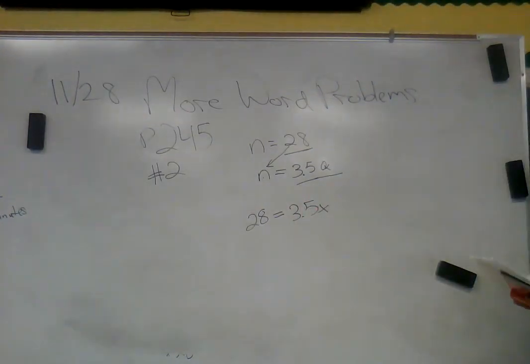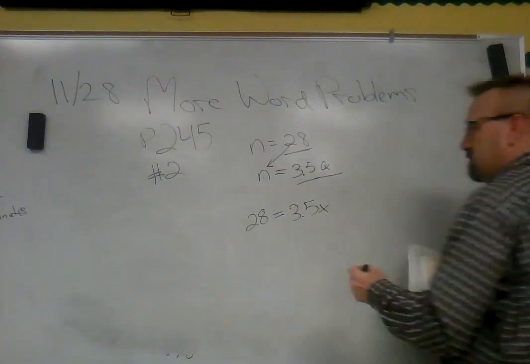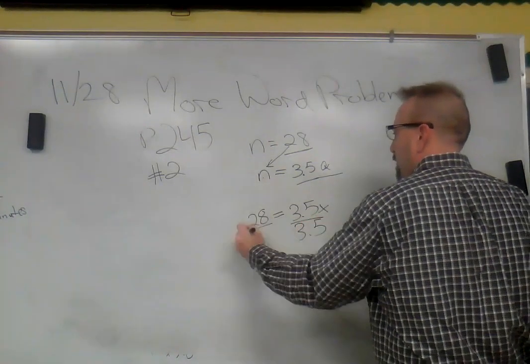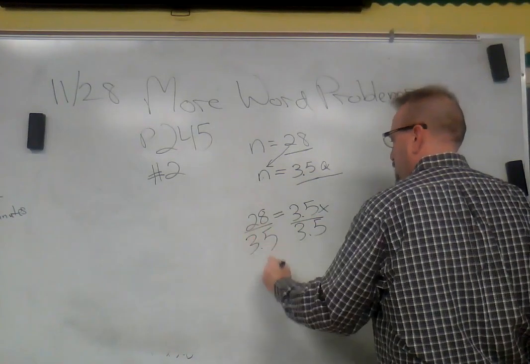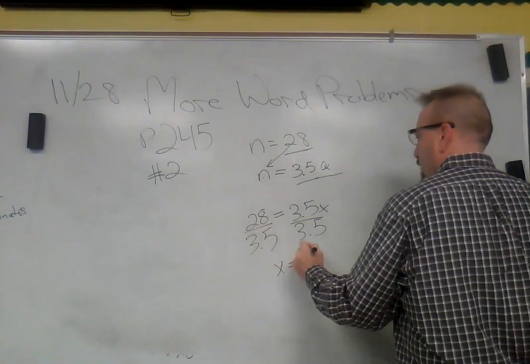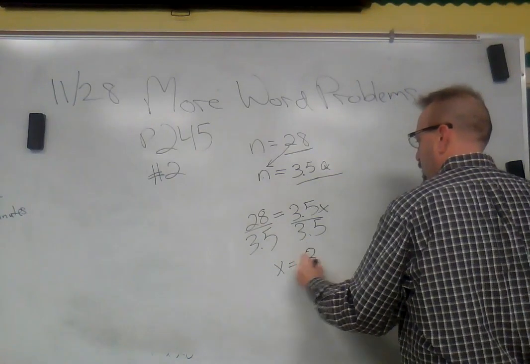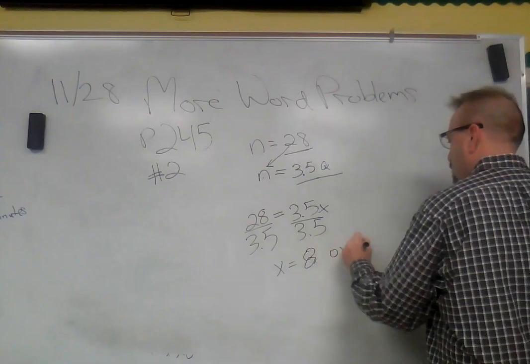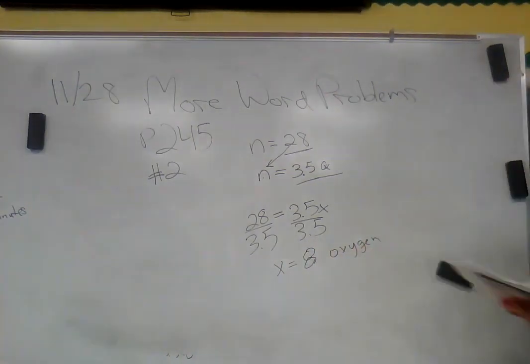Now we have a very basic equation. How could we solve that equation? So we divide by 3.5, 3.5. And that tells us that X is 8. So oxygen, the atomic number is 8.